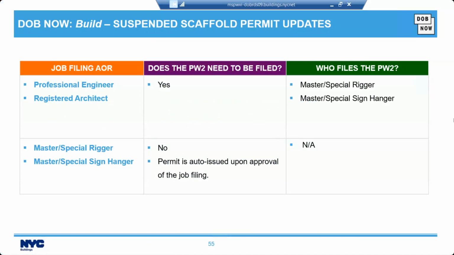And who files the PW2? That would either be done by the master special rigger or the master special sign hanger. Now, for the master special rigger and master special sign hanger doing the job filing, they do not need to fill out the PW1 tab. The permit is auto-issued upon approval of the job filing, and that's non-applicable for who gets to file.